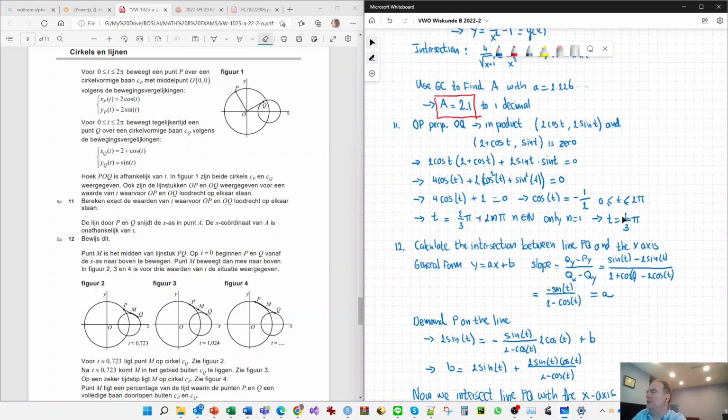And then you find t is 2/3 pi, which should be the answer here. It probably makes sense, since cosine t is minus 1/2. Okay.